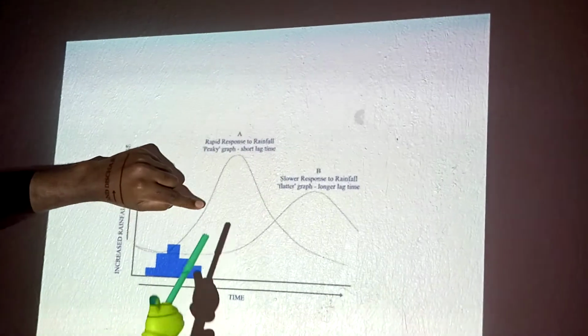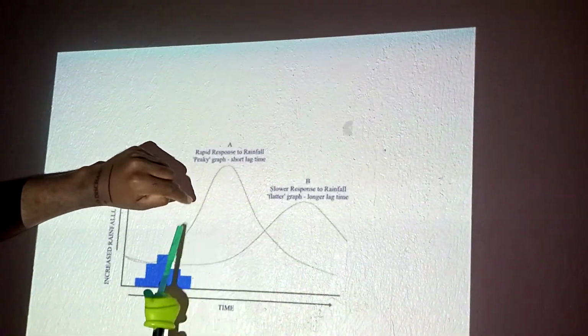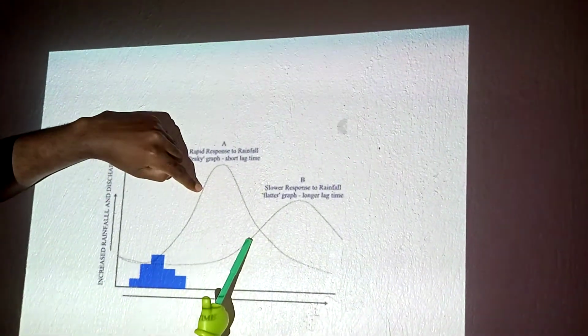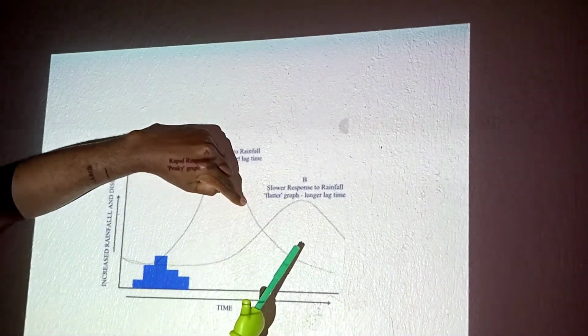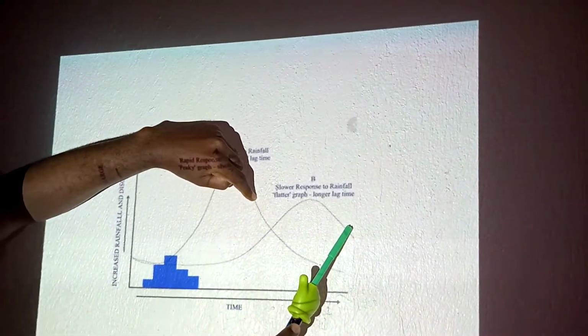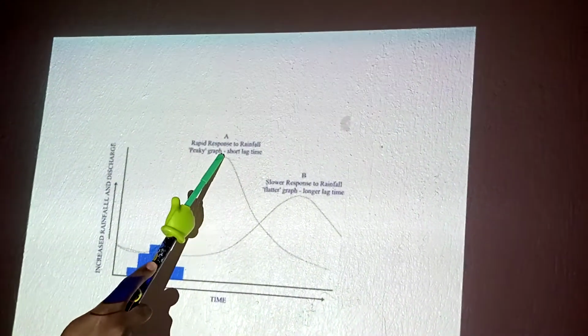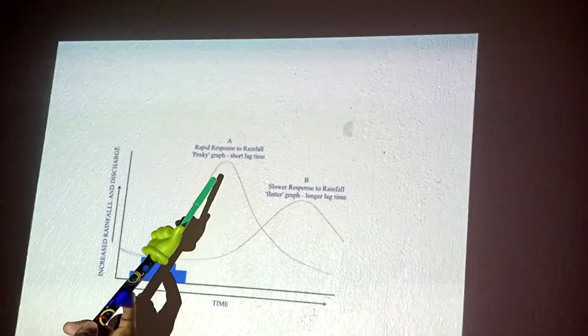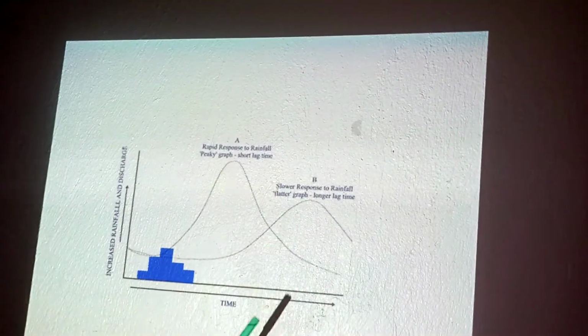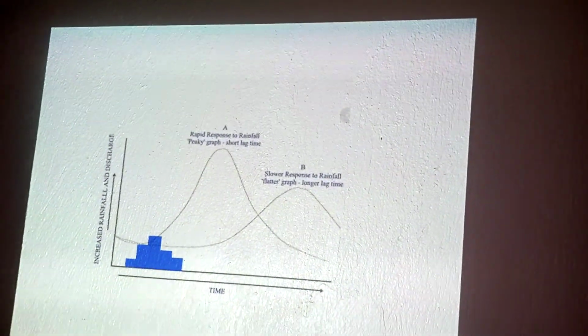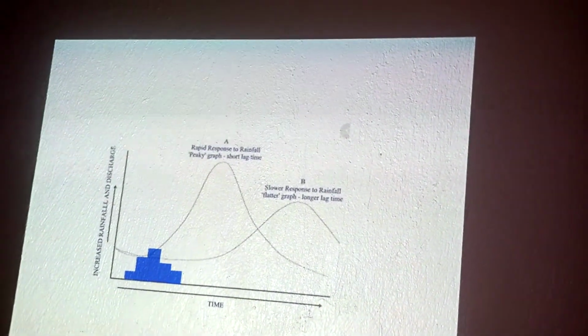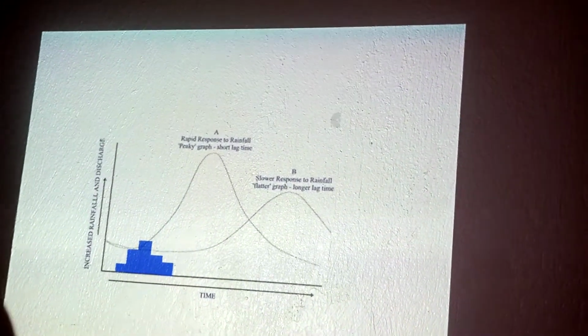And the rising limb, this will be steeper than this one. And the falling limb, this will be steeper than this one. And remember that this represents a river that has experienced liquid precipitation, and this represents a river that has experienced solid precipitation.